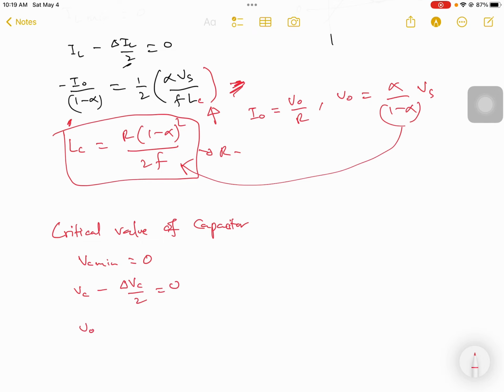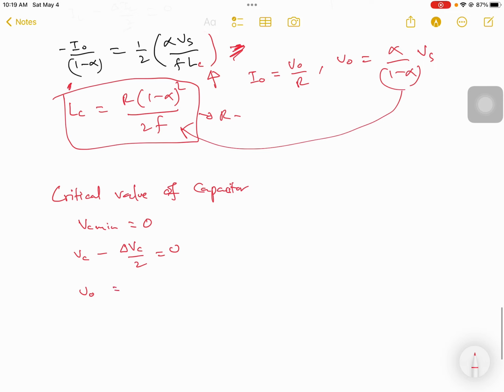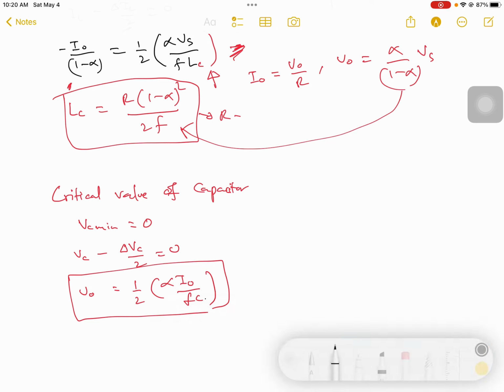Put the value of Vc, and then you can substitute I naught by FC. So this will be your critical value of the capacitor here. So we'll have to make this the critical value.